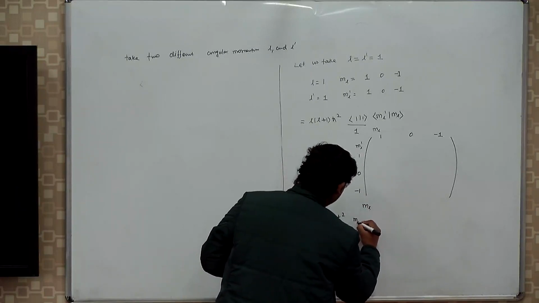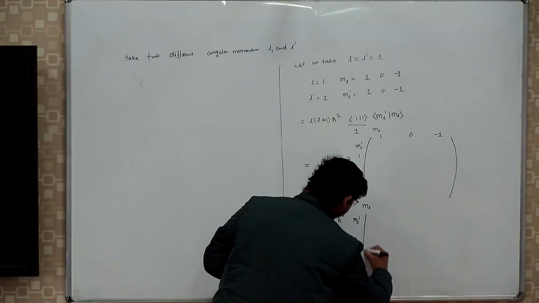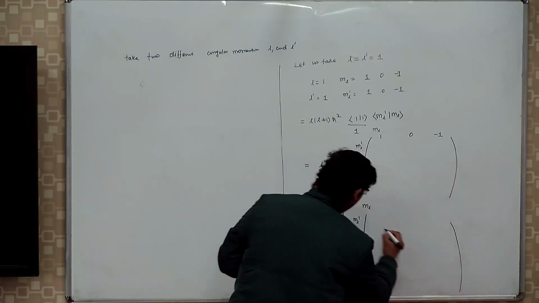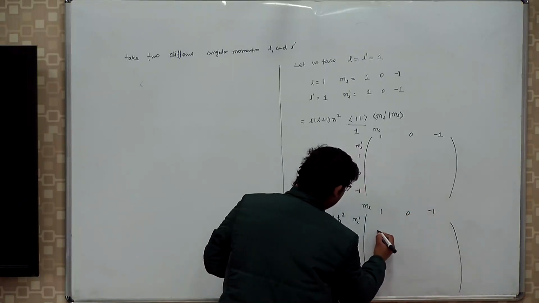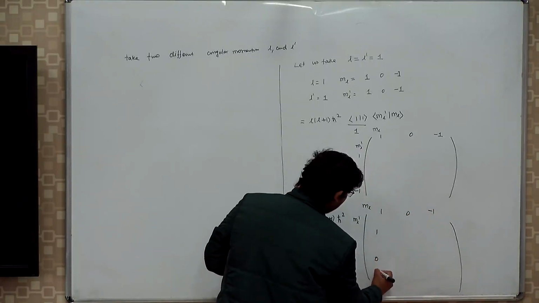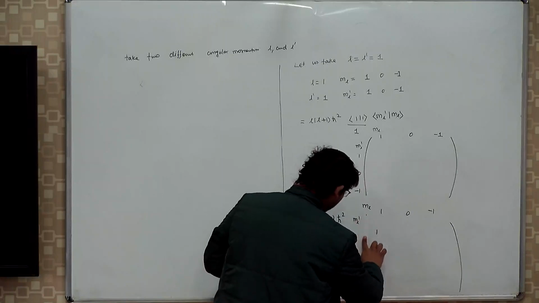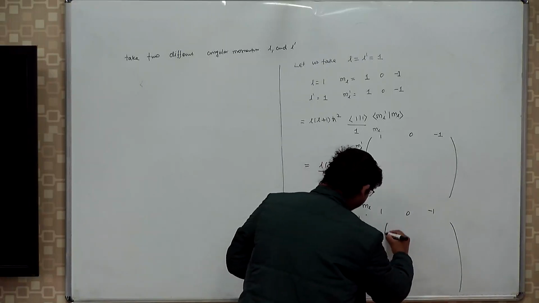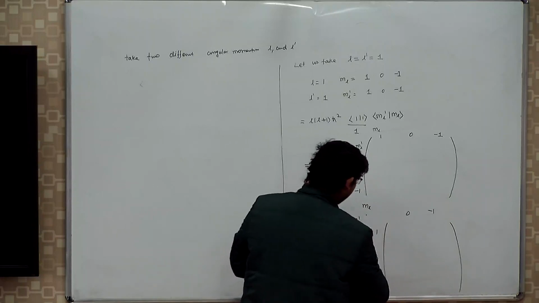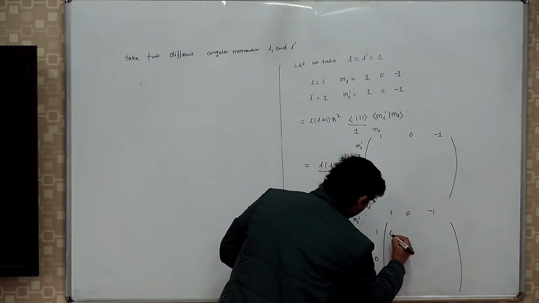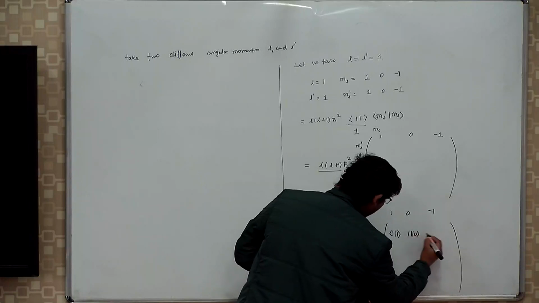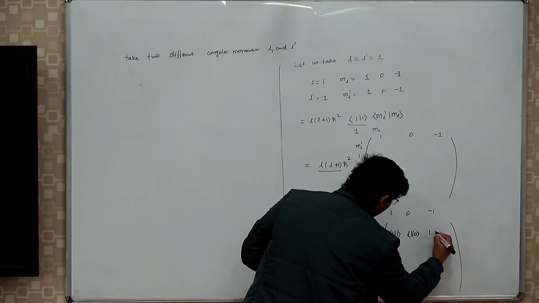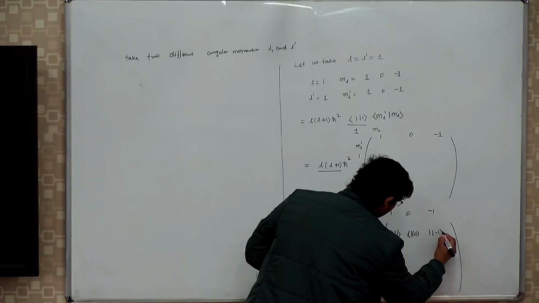M L, M L dash, 1, 0, minus 1, and 1, 0, minus 1. So the inner product between 1 and 1, between 1 and 0, between 1 and minus 1.